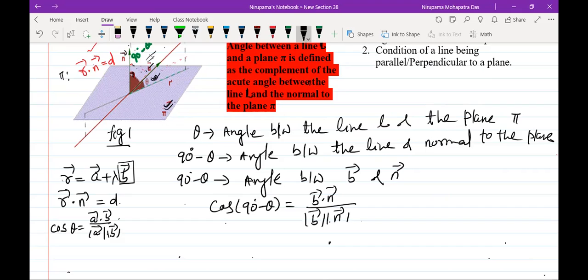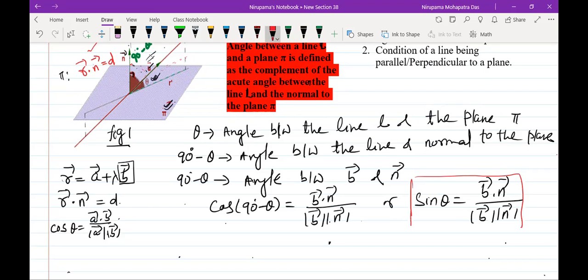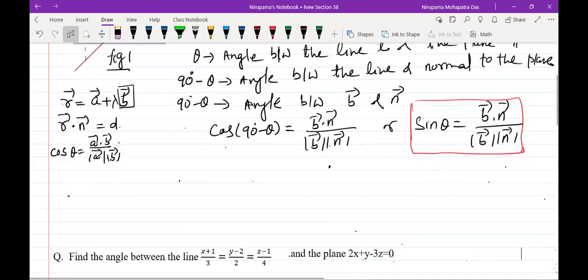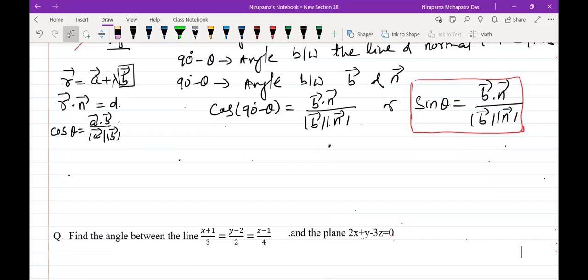Or you can say sin theta equal to b dot n divided by magnitude of b into magnitude of n. So this is the way to find the angle between a line and a plane. Now we can see when the line will be parallel to the plane and perpendicular to the plane.